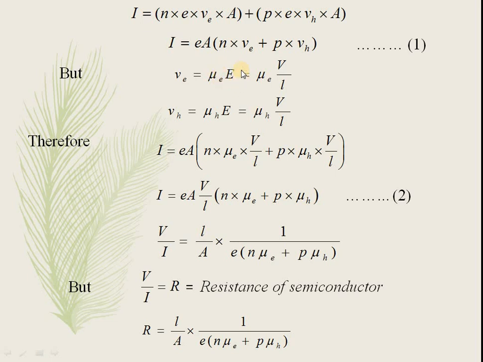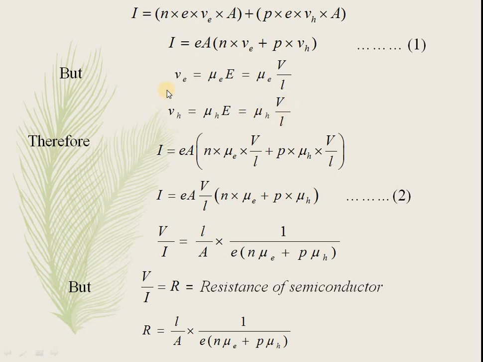Then again we know that electric field is defined as E is equal to V divided by L. Putting the value of this electric field, we can write v_e is equal to mu_e into V divided by L. Similarly for holes, v_h, the drift velocity of the holes, is equal to mu_h into E, which is equal to mu_h into V divided by L.